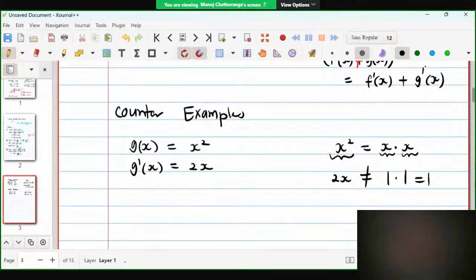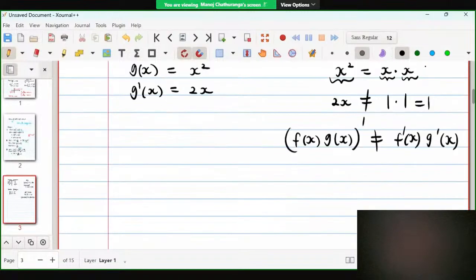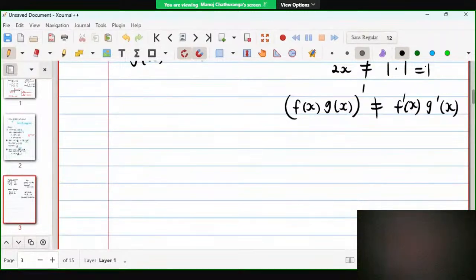You cannot differentiate components separately and multiply. That means for a product like this, it is not the case that the derivative of the product is the product of derivatives. This does not work.